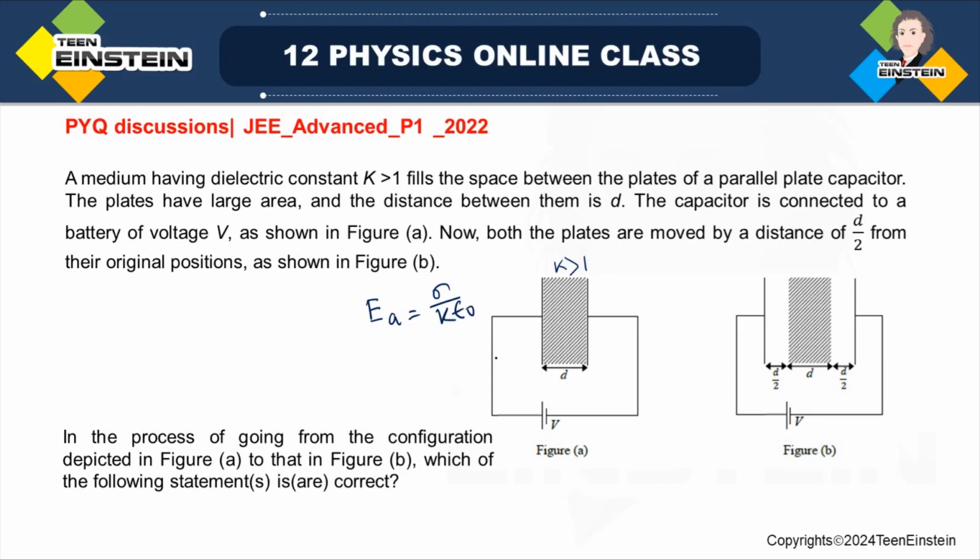In another way we can also write the electric field is equal to V by D, because the potential of the battery is V, which is connected across the capacitor. So this way also I can say.